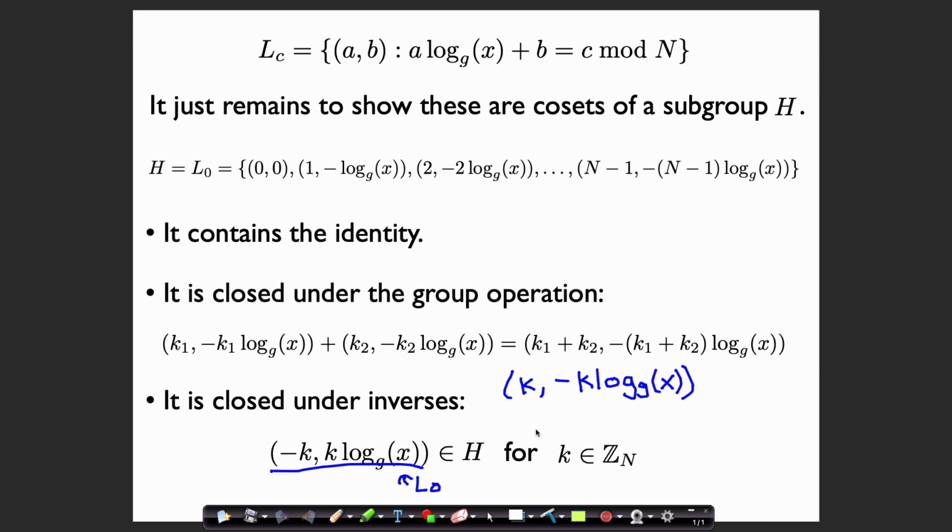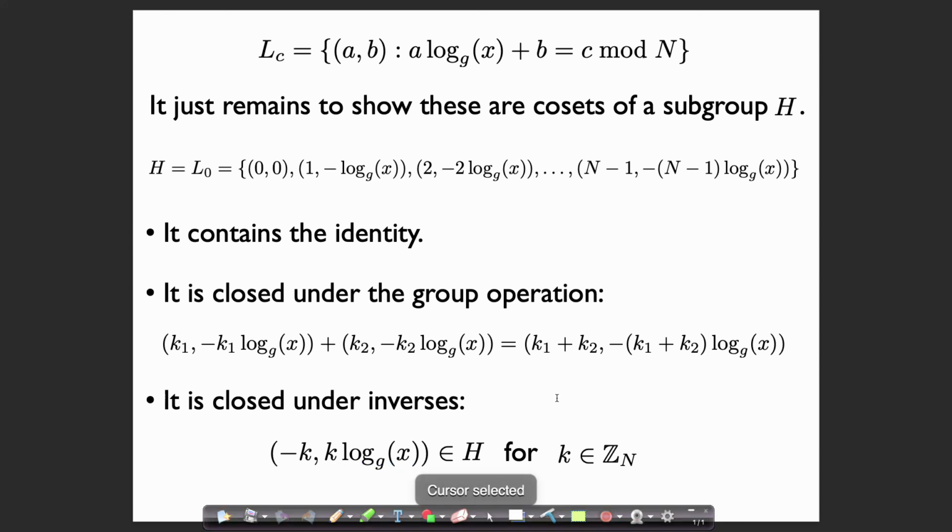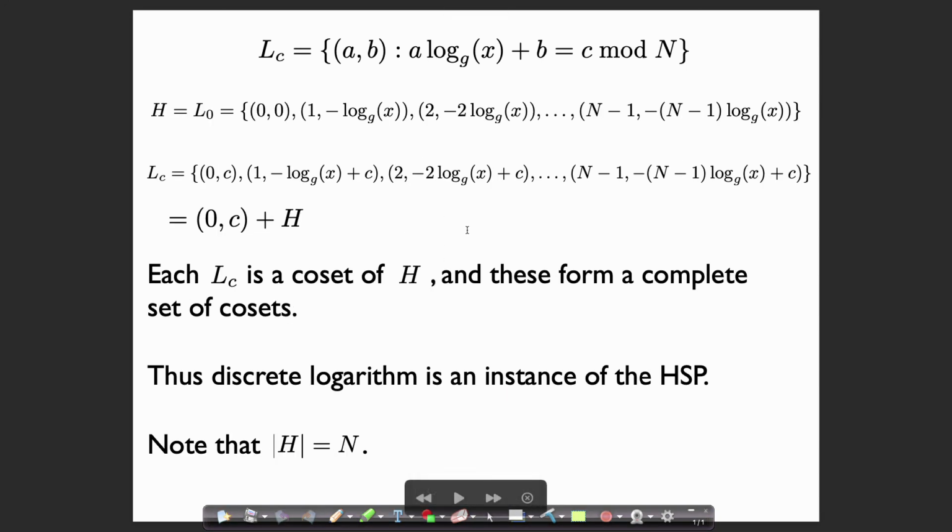Therefore L0 is a subgroup, and each Lc is just a translate of L0. Lc is just a shift of L0 by the element (0, c). So these are cosets of L0.